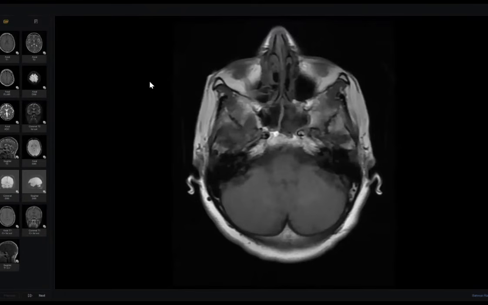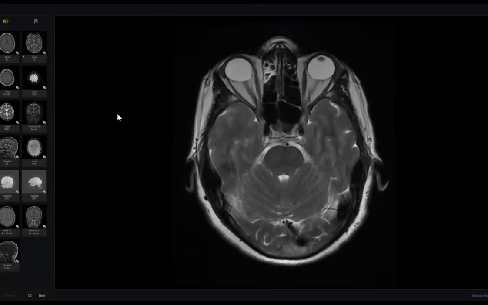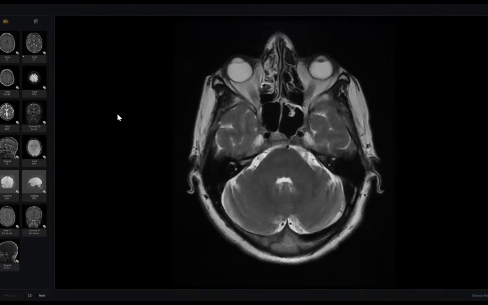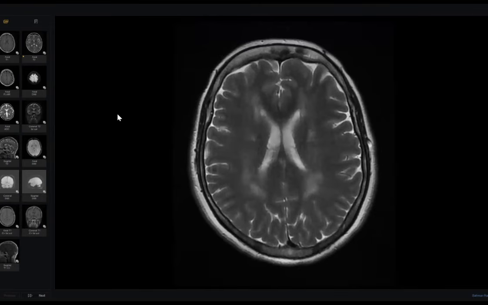I would like to check in other sequence, T2. On T2, I can see abnormal high signal at bilateral deep white matter and at periventricular area.